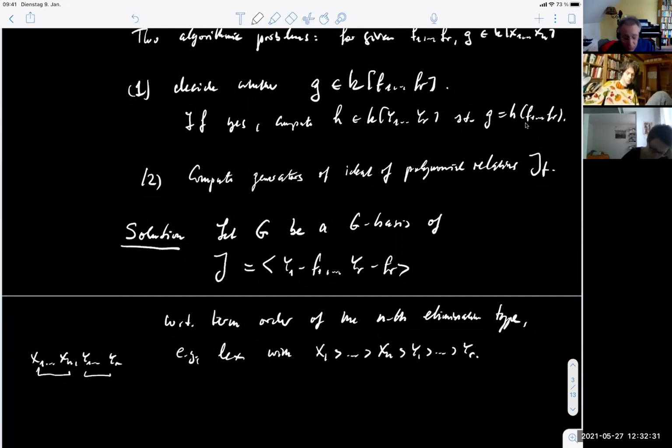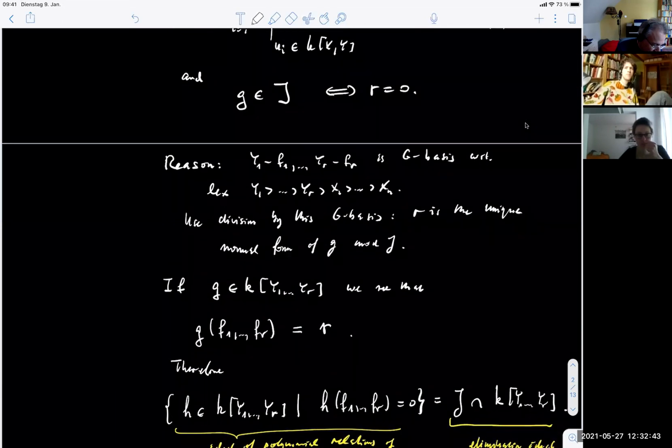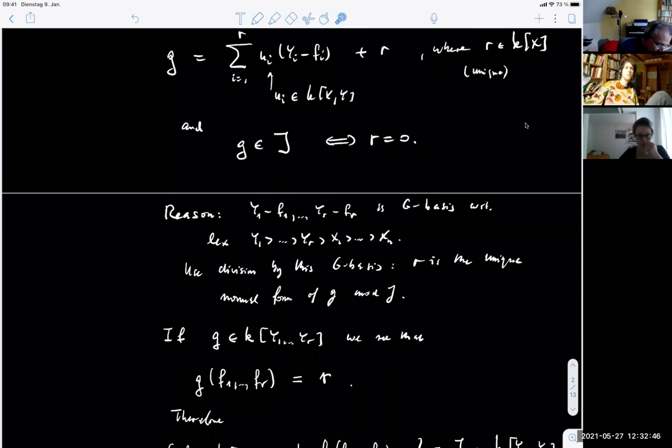As a word of warning, you are likely to be confused here. I was also confused at some moment. Up here, when we did this reasoning, we also looked at this ideal, and we took a Gröbner basis with respect to this lex order, where the y's are big.